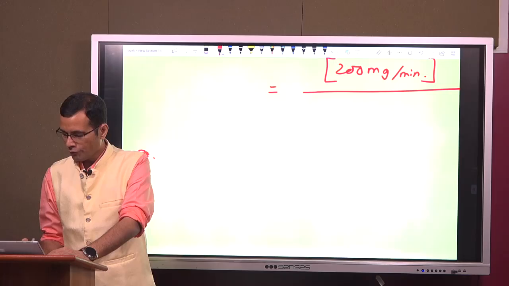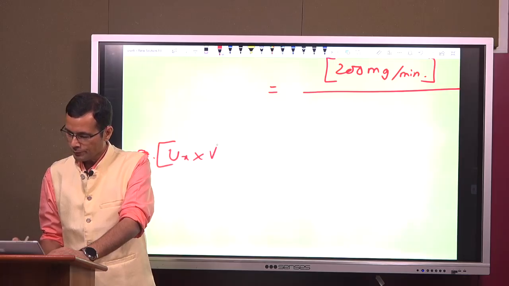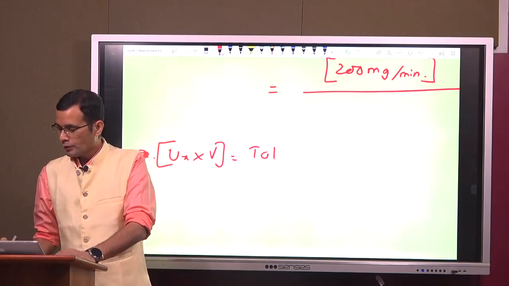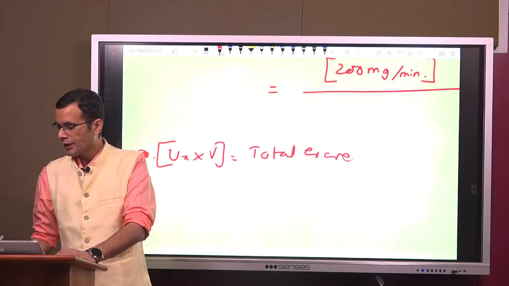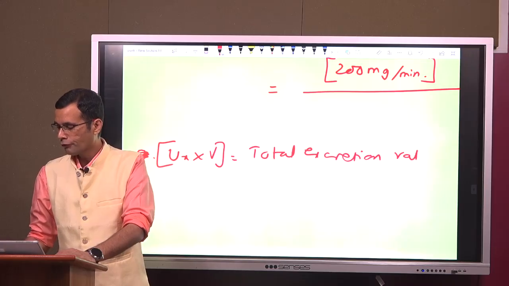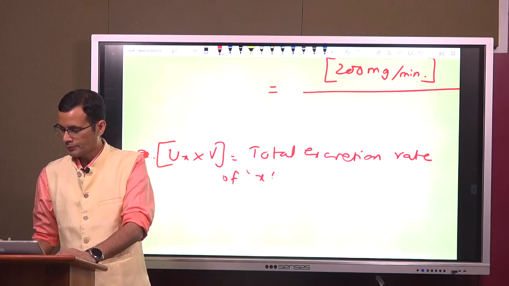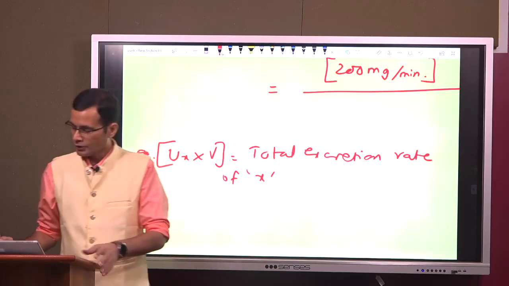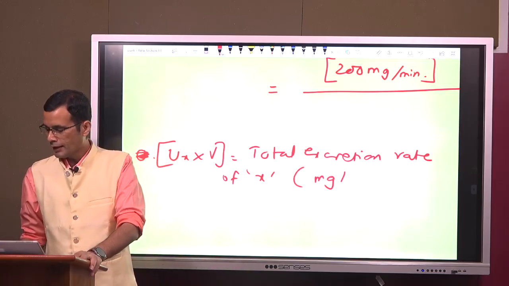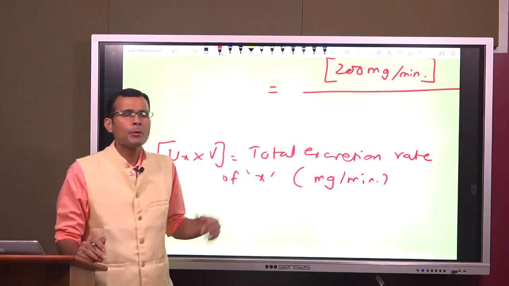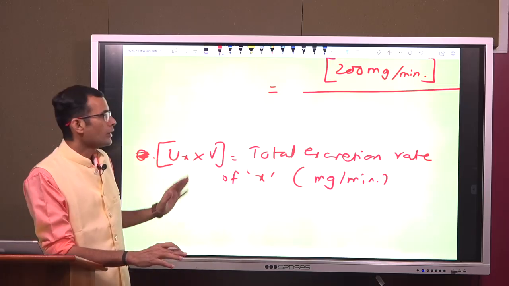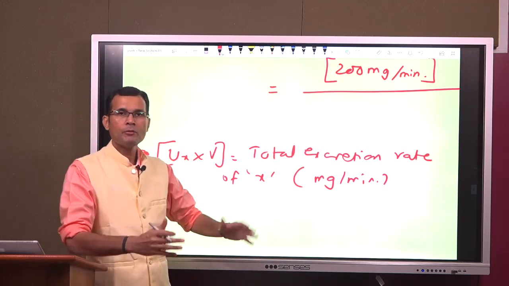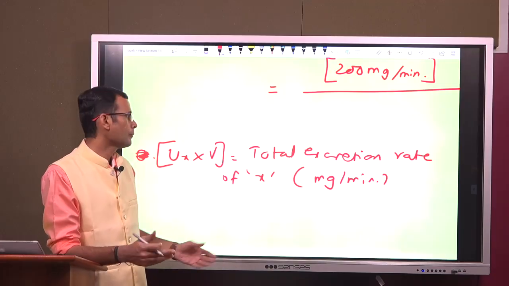Let's write it down. What is the meaning of Ux into V? What is the meaning of numerator? Total excretion rate of the substance. It will be the total excretion rate of that substance in milligram per minute, or let's say per unit time, per minute, per hour, per day, whatever unit we are taking, right?